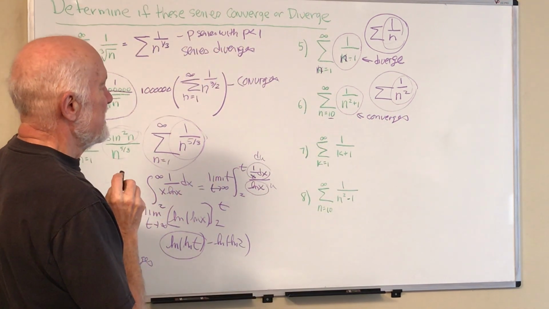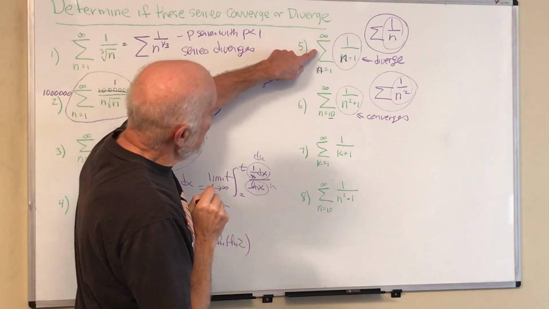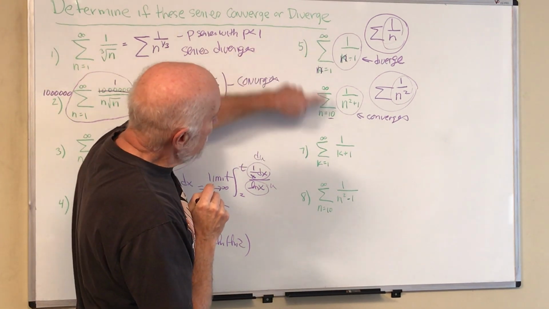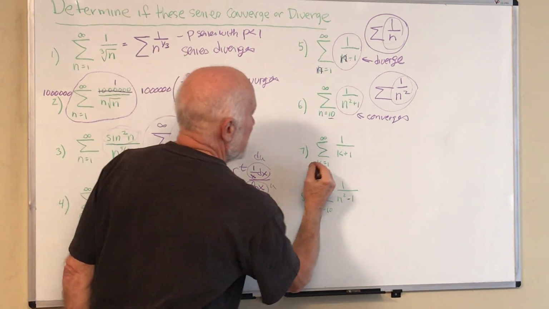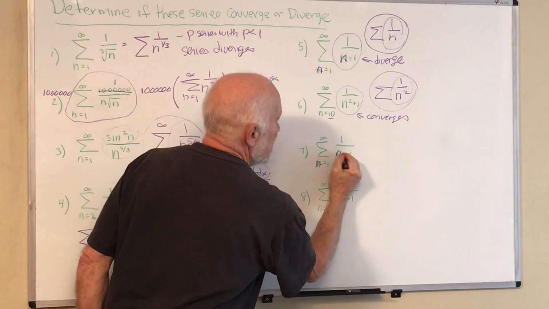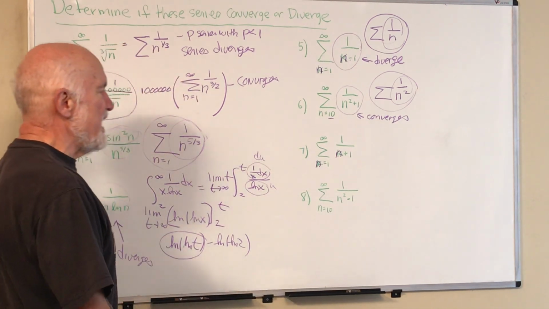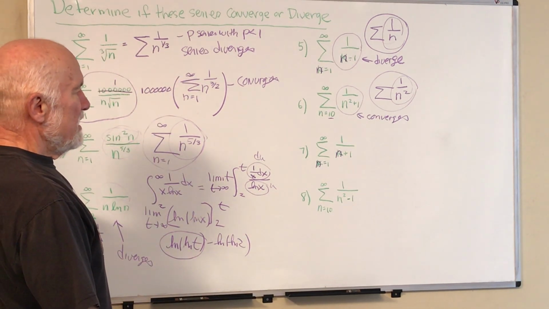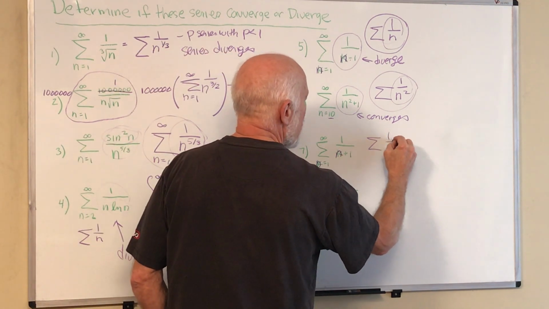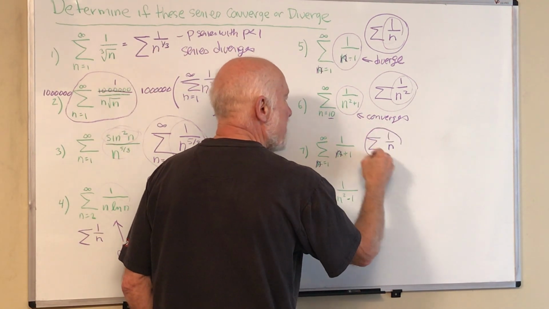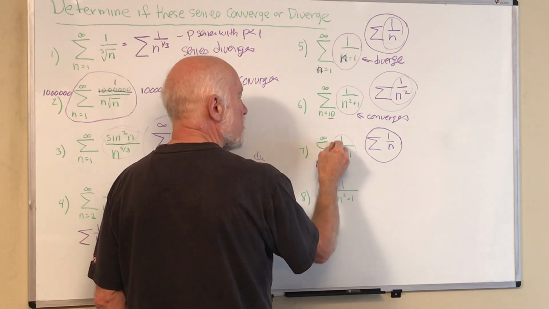Now, just to show you something, could we do the same thing for 7 as we did for 5? Let's turn it into n just to make you more comfortable for right now. We can't really compare this to 1 over n because this diverges, yet these terms are smaller.